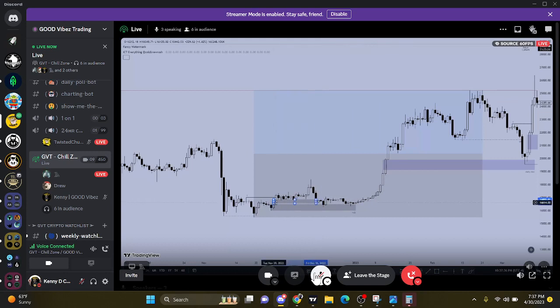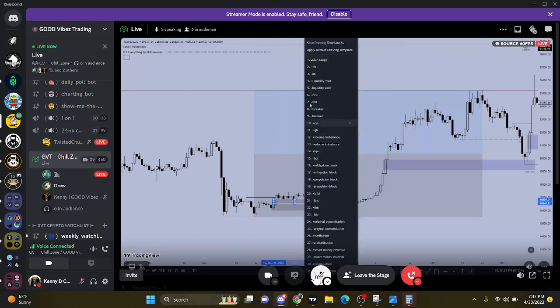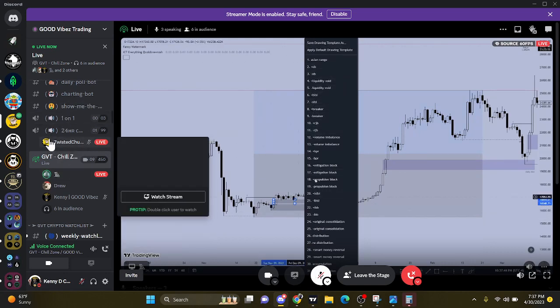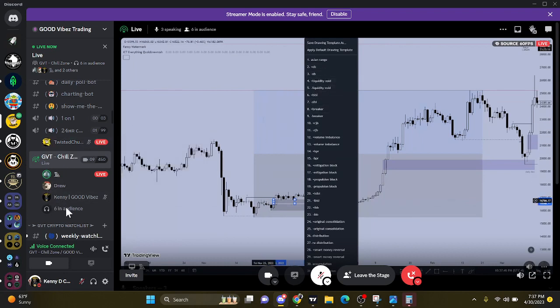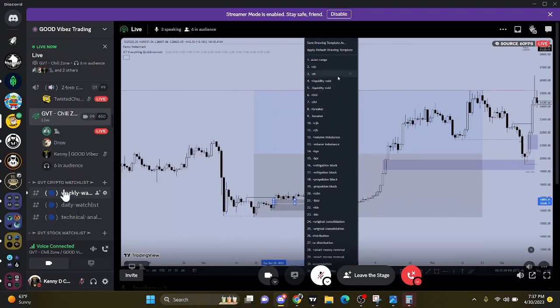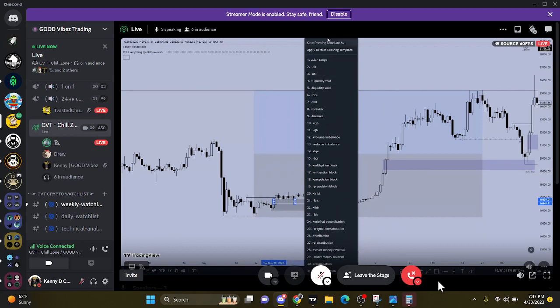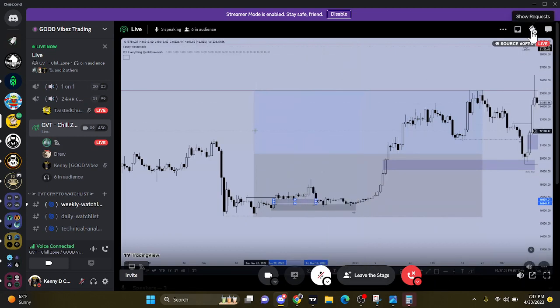It doesn't have to, in the whole scope of things, the fair value gap doesn't have to hold alone. The low has to hold. This, like, hold on a second, let me draw this before it bothers me.